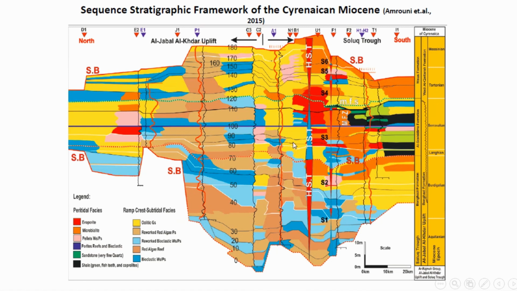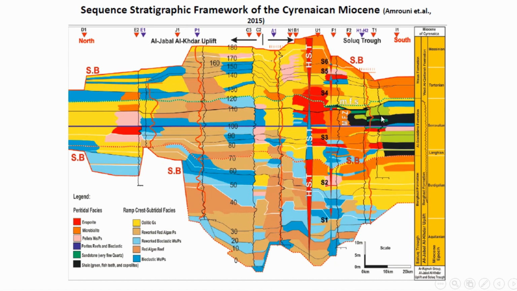It means that this is the ramp, and this is the peritidal facies, and the subtidal, which has algal limestone for instance. Here is oolitic grainstone as an example, and here an example of evaporites. The red color represents the carbon curve, and you see a high carbon excursion, while the black color represents the gamma ray curve.